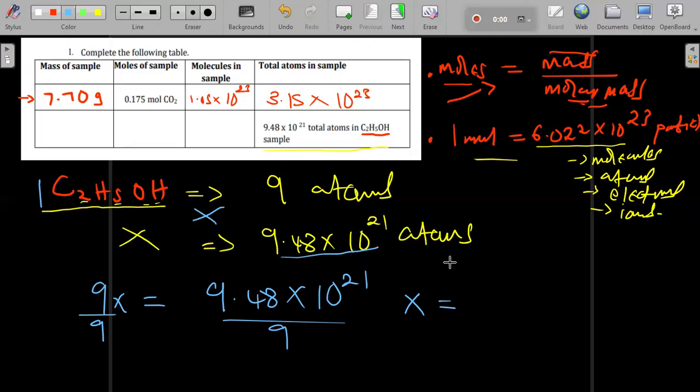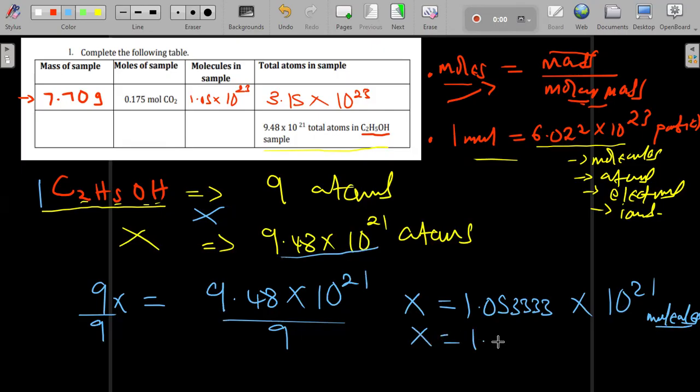It's giving me 1.053333 times 10 to the power 21. So now these are molecules. We've converted those atoms to molecules. We can round this off to 3 significant figures. It's just going to be 1.05 times 10 to the power 21 molecules.